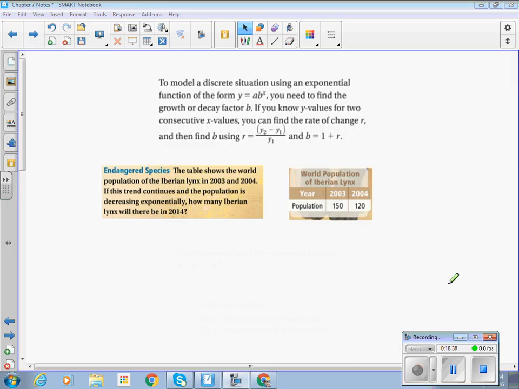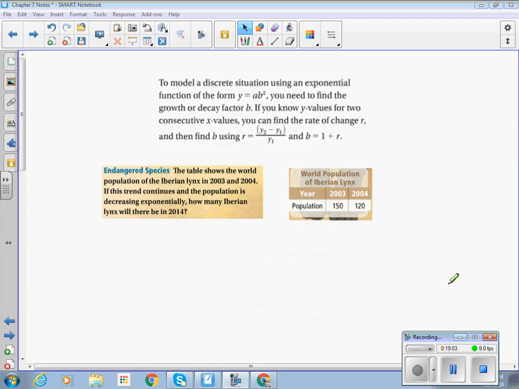Okay, so like the previous problem, sometimes we have a discrete situation. Discrete is the opposite of continuous. Continuous is when we have the mid-year, the quarterly, the in-between values. A discrete situation says we are only taking points at certain times, and we're not including all the in-between times.